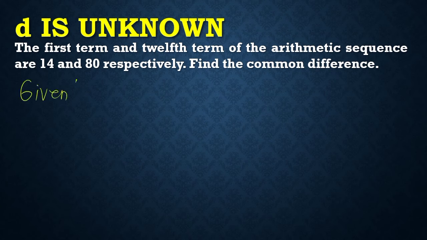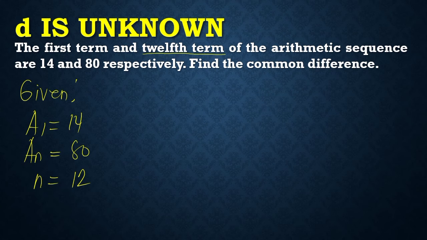Given are a sub 1 is equal to 14, and then a sub n, or the 12th term, that is 80, and then n is the term position 12. Why 12? It's because yun kasi yung pinaka last term, pinaka maximum na given term dito sa sequence. Okay, and then our missing, that is the common difference.